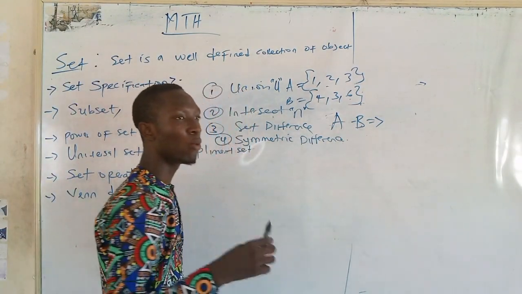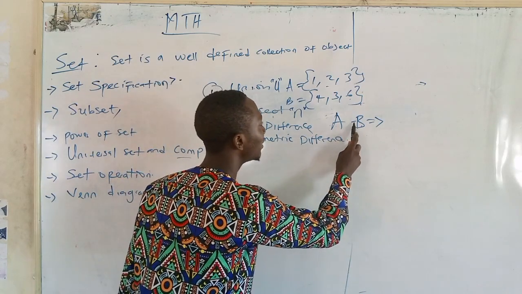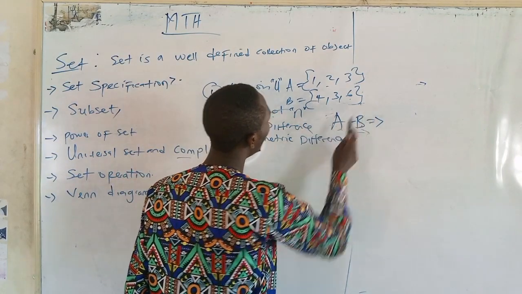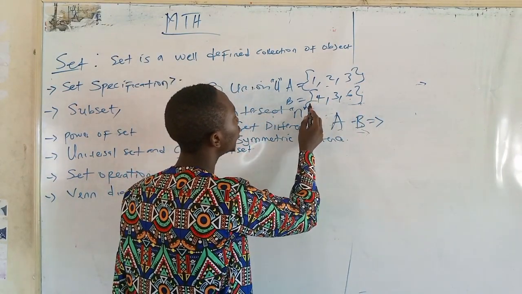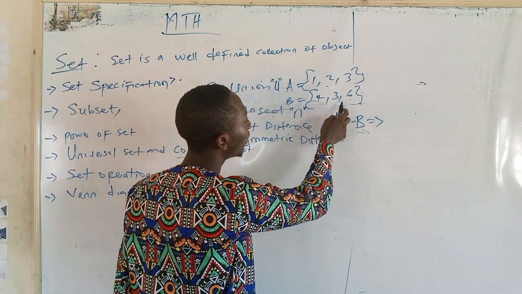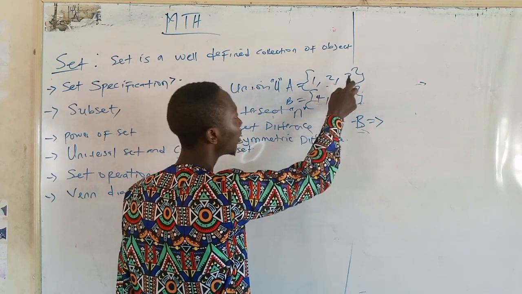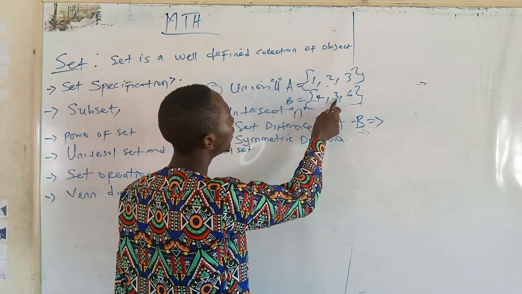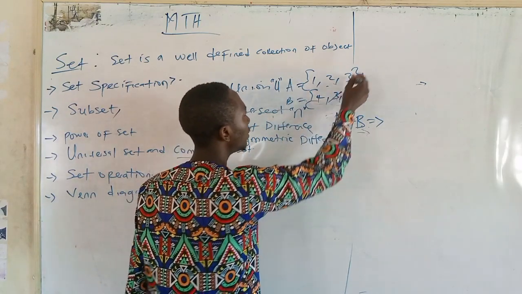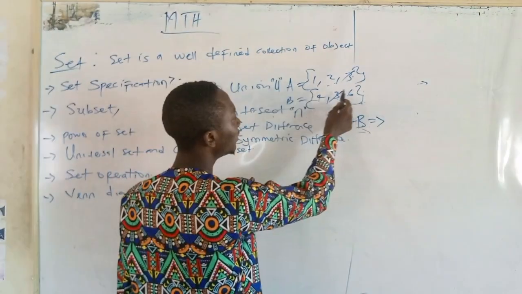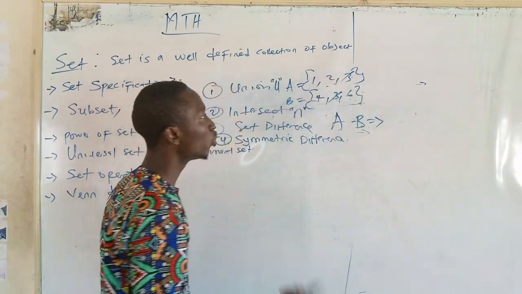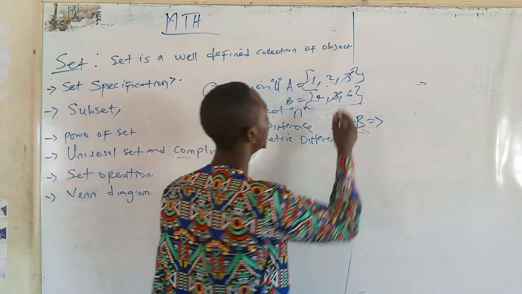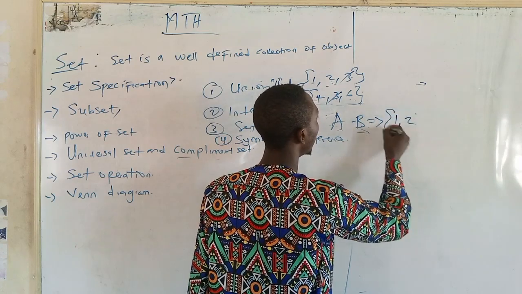A minus B, the minus is attached to B, so it means remove B from A. You cancel out the element you find in B that is in A. B is 4, 3, 6, so you check what in B you can remove in A. It is 3. Assuming there is 4 in A, we would remove 4 too, but there is no 4. So cancel out 3, and the remaining set in A, which is 1, 2, is your set difference.